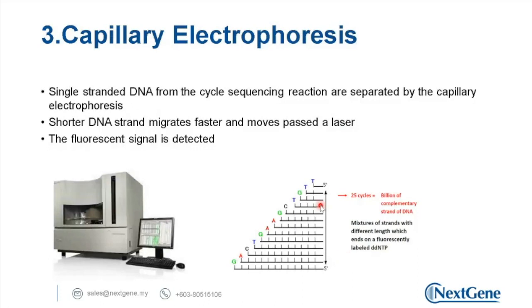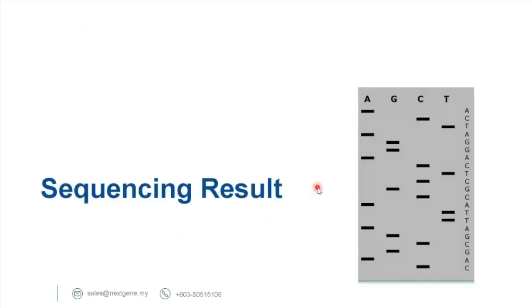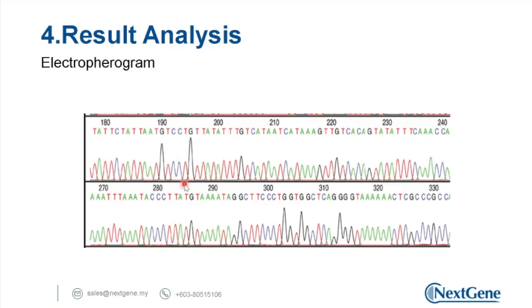Let's say this particular fragment will generate a T signal, a peak of a T here. If there are a lot of this particular fragment, the signal will be high, and you generate a very high peak. For example, this G base here has a very large number. The number of this particular fragment is a lot, so we have a very high signal peak.